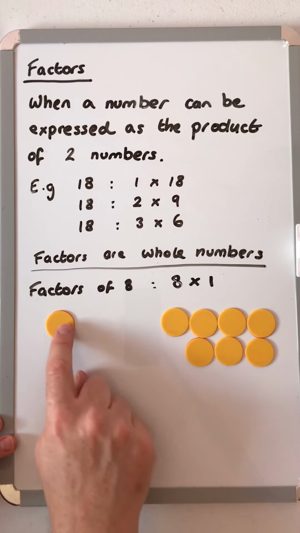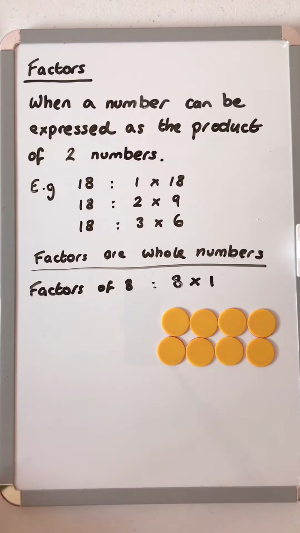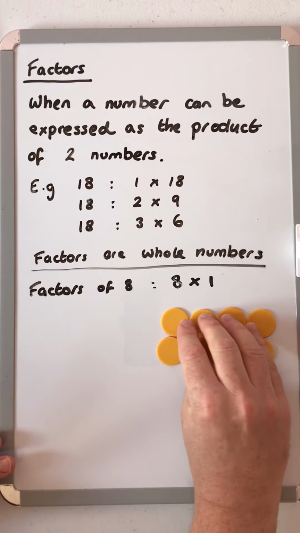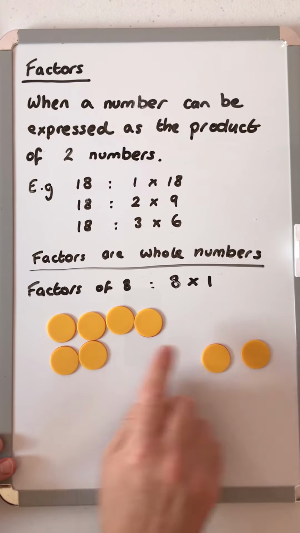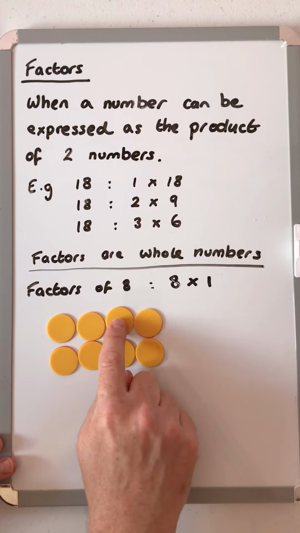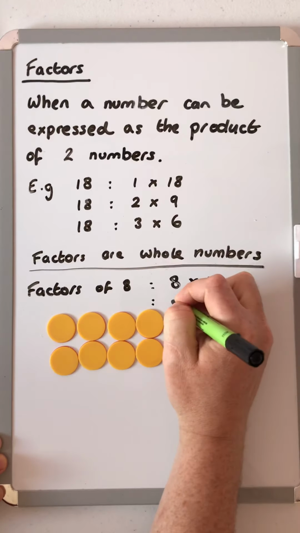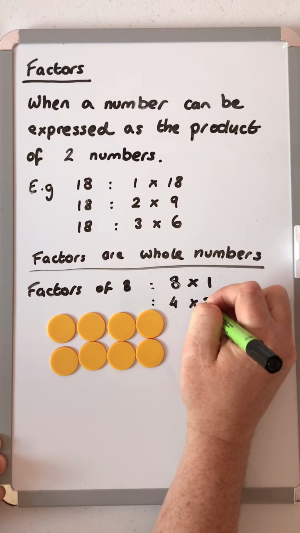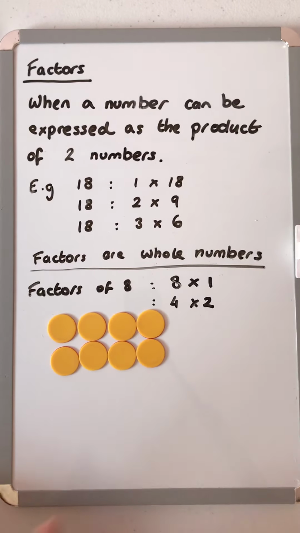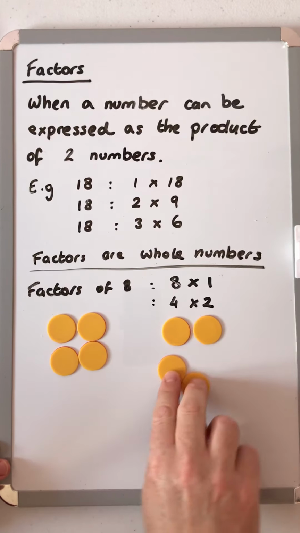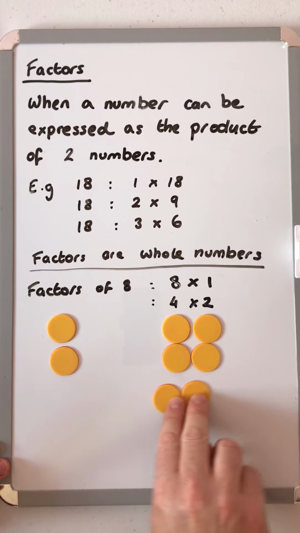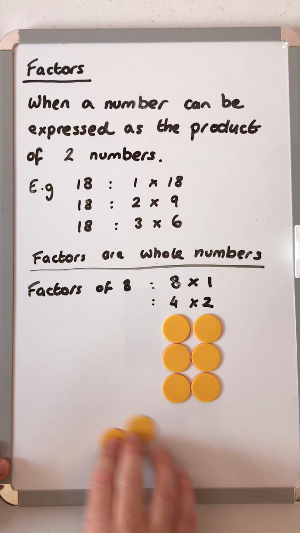This is where you can play around and say, well, yes you can. We can make a rectangle which is 4 by 2. And then you can say, well, I can do this as well, which is 2 by 4.